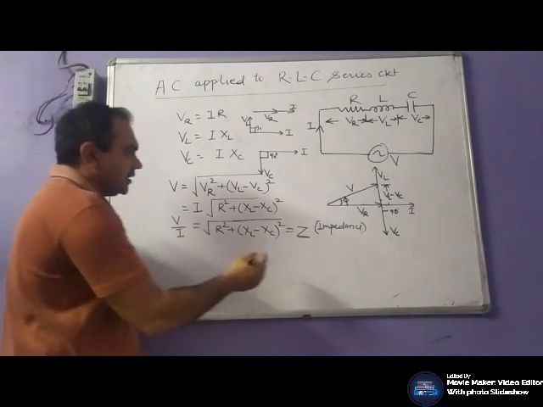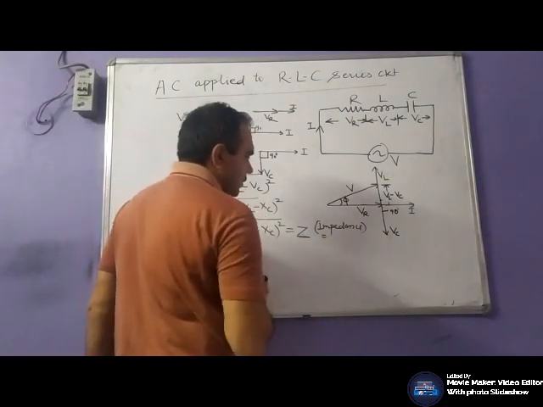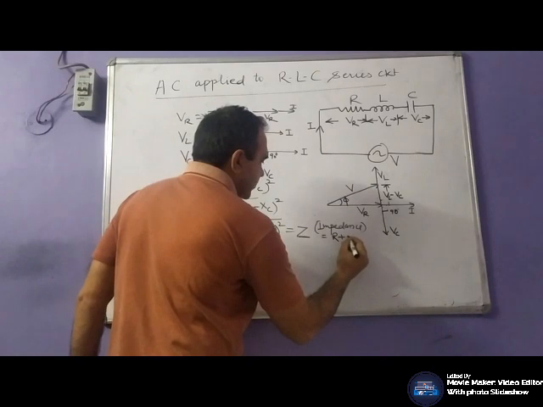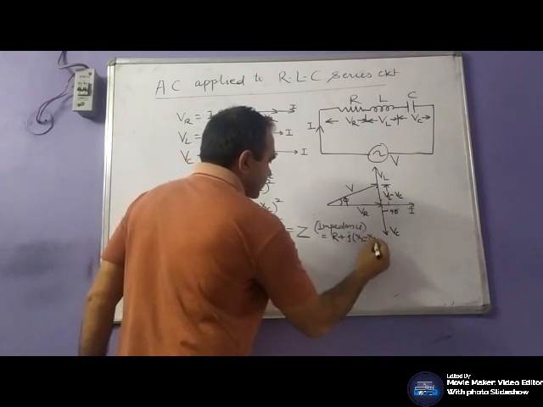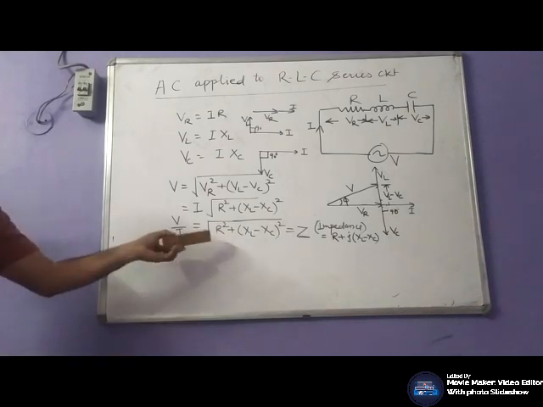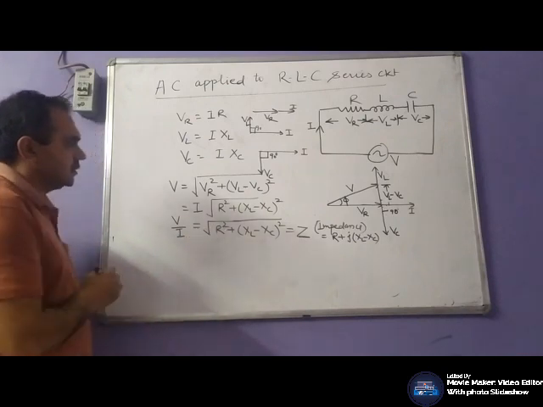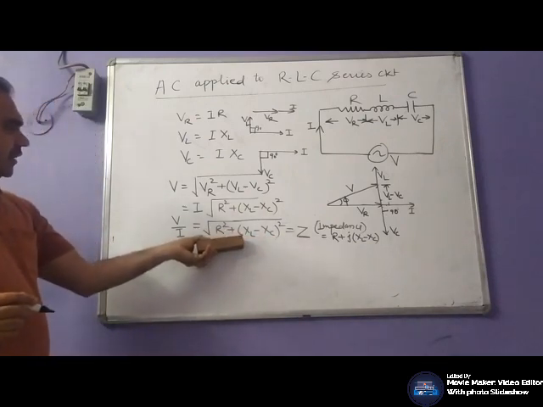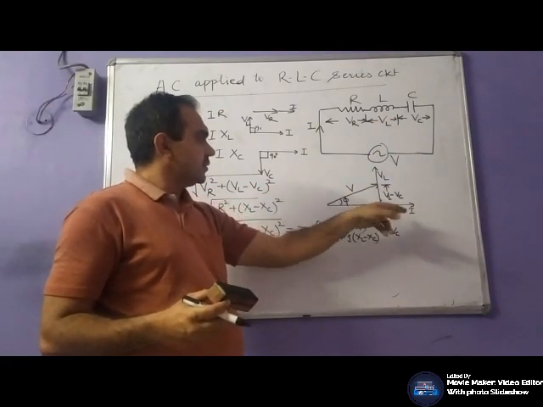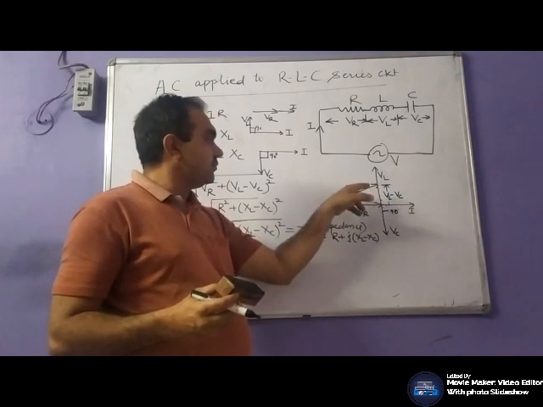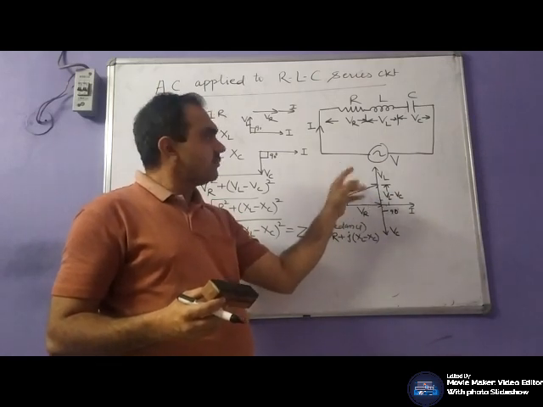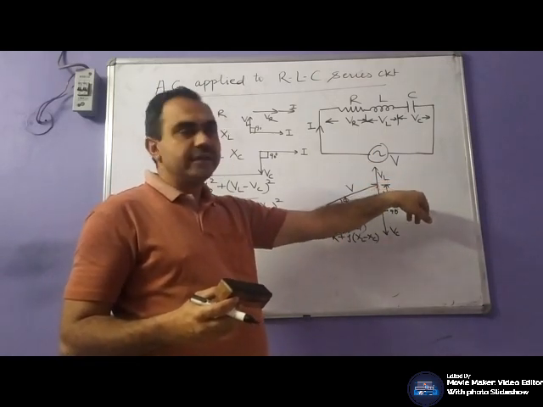This may be represented in terms of vector quantity or complex quantity, that is Z may be written as R plus j(XL minus XC). Moreover, now whether your circuit is to be considered inductive or capacitive, or your current would lag the applied voltage V or lead the applied voltage V, that will depend on your VL and VC.